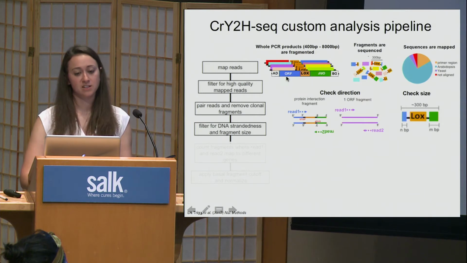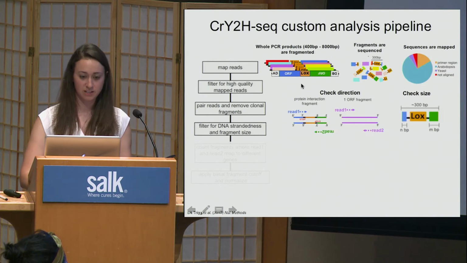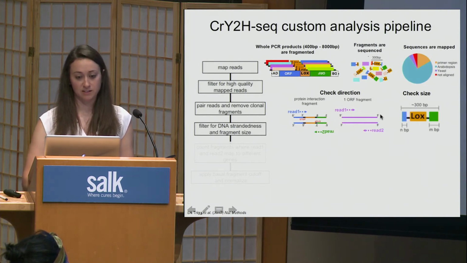Because of these recombination products, because the coding sequences always come together in this way, where one is in a forward direction and the other one is inverted, we can select for fragments that are mapping exactly to that orientation and distinguish those from fragments that are coming from within the gene body. And then we can also use size as a filter.